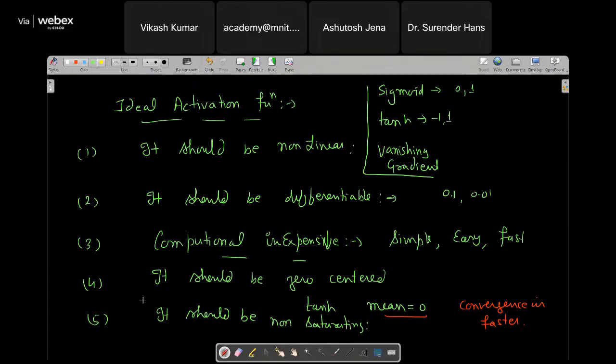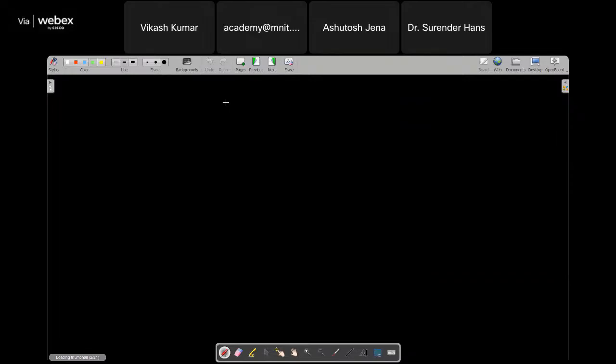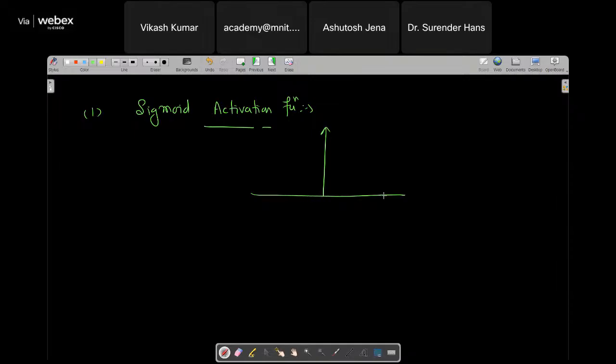Now let us explain the first activation function, the sigmoid activation function, in detail. This is the graphical representation: x on the axis, sigma of x, with 1, 0.5 and 0.